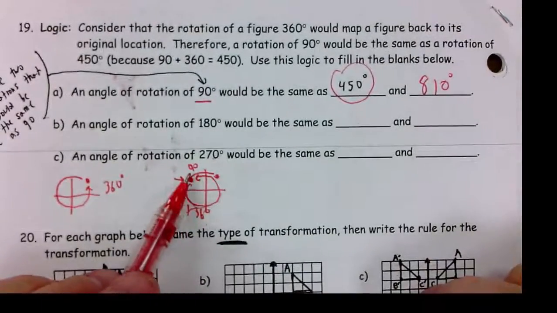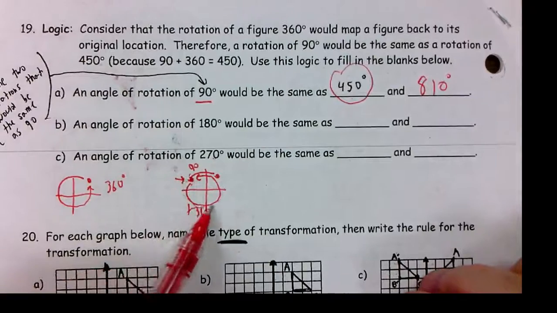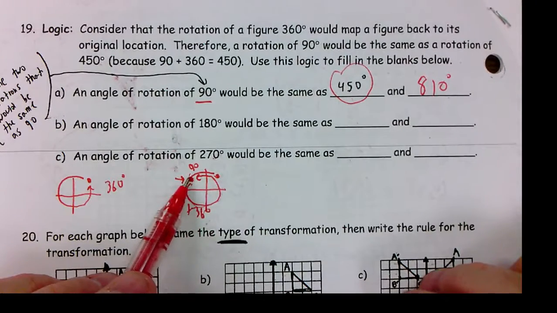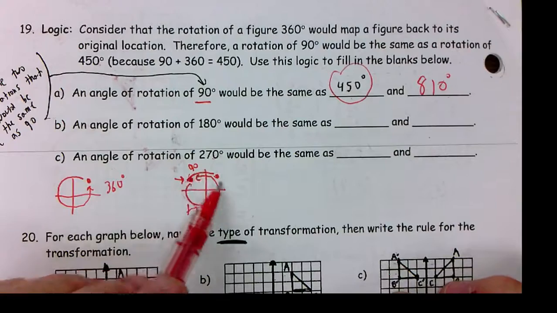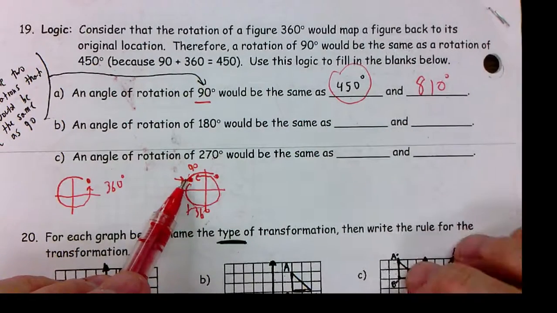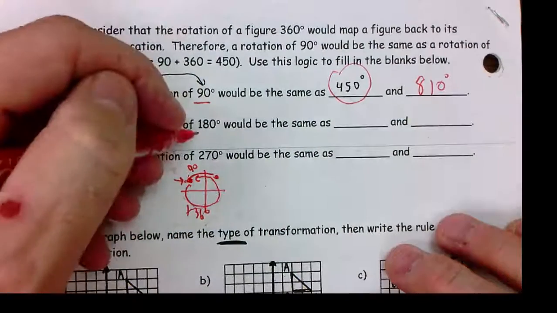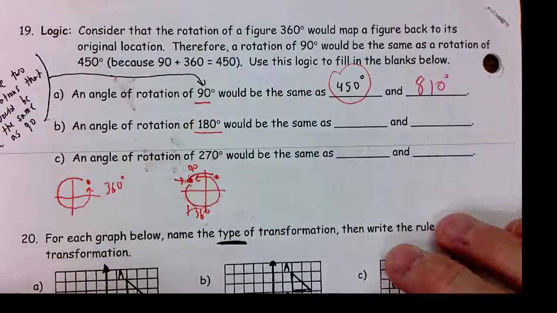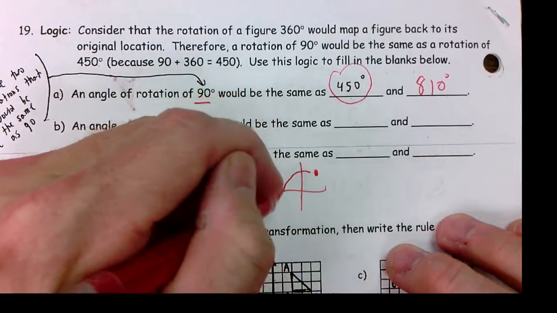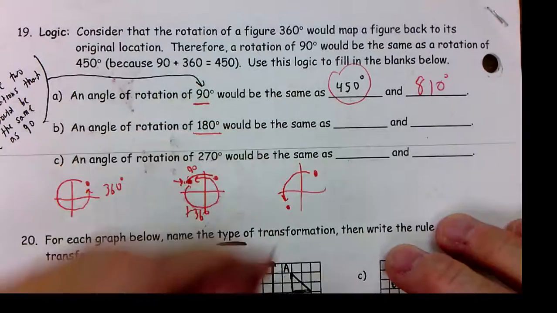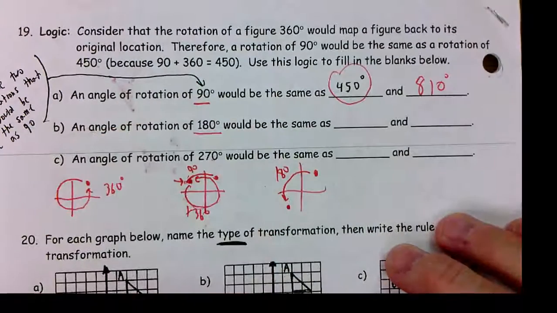So you can take the 90 degree rotation and you can add 360 as many times as you want, and you end up in the same place, or you have the same rotation. You could also subtract 360. I'll do that on the next one. So if I had a 180 degree rotation, that might take you from like here down to here, 180 degrees.